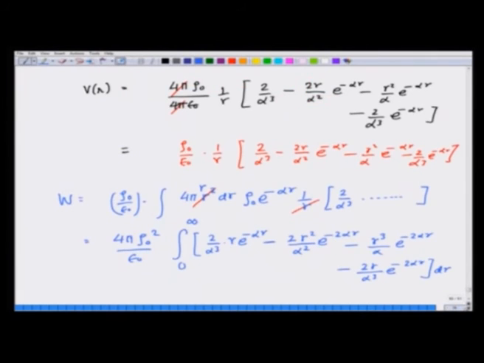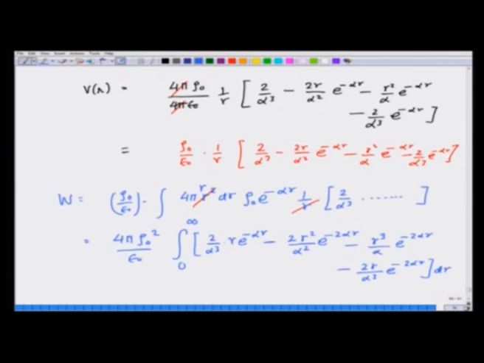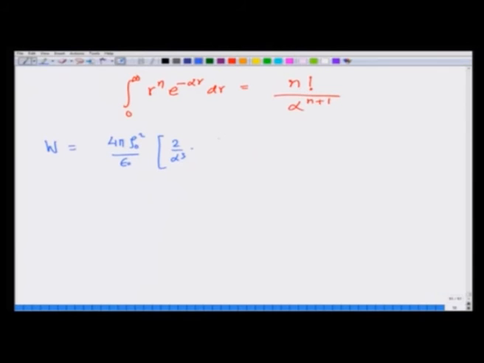The first term gives me 2 over alpha cubed times r e raised to minus alpha r, and therefore it is 1 over alpha square, minus 2 over alpha square r square e raised to minus 2 alpha r. So, that is going to be 2 factorial divided by 2 alpha cubed.